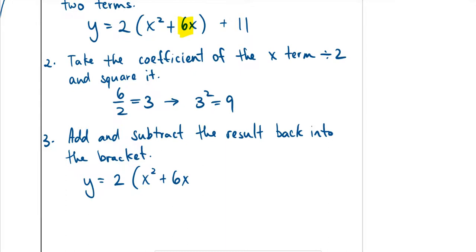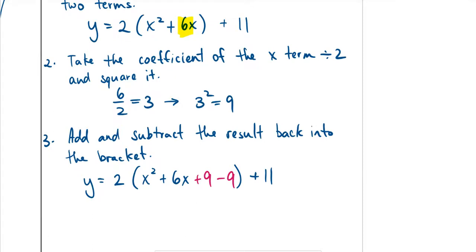Here we go, we're going to put the plus 9 and then the minus 9. You have to do the minus, otherwise you're going to be changing the equation, changing the value of the equation. And then outside the bracket I have plus 11.